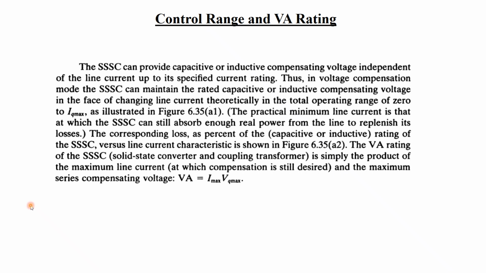Thus in voltage compensation mode, the SSC can maintain the rated capacitive or inductive compensating voltage in the face of changing line current, theoretically in the total operating range.